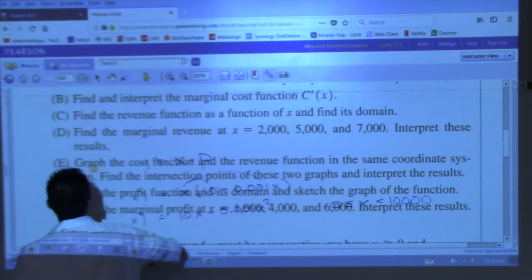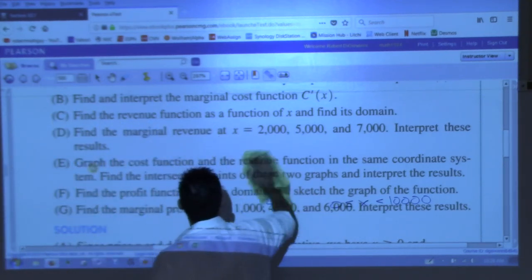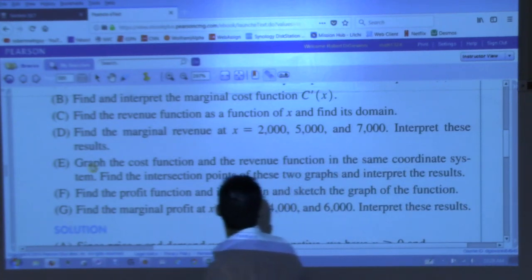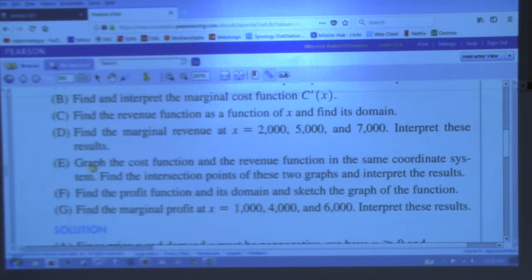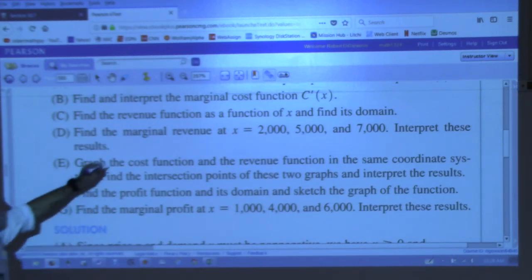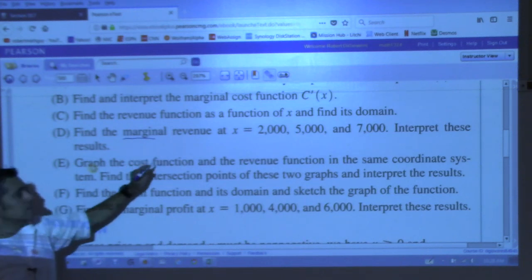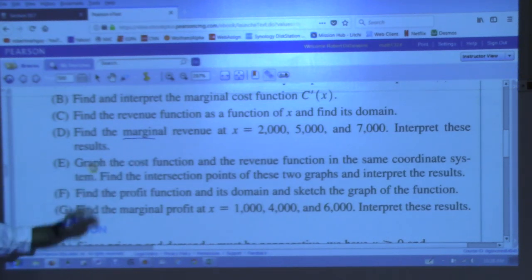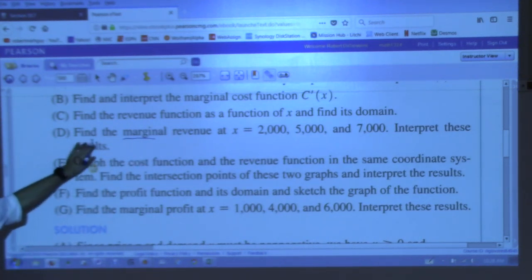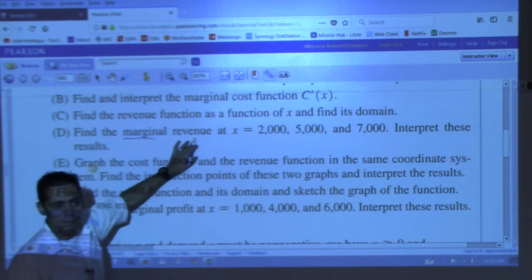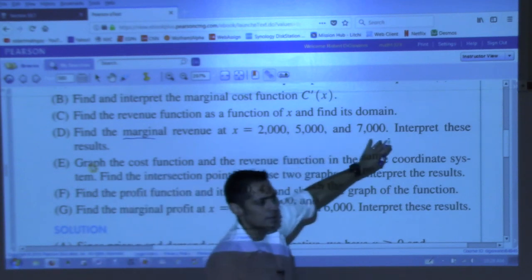Now part D. Find the marginal revenue at 2,000, 5,000, and 7,000. What does this word mean again? When you see this, derivative, right? Okay. So find the derivative of the revenue at these three values.